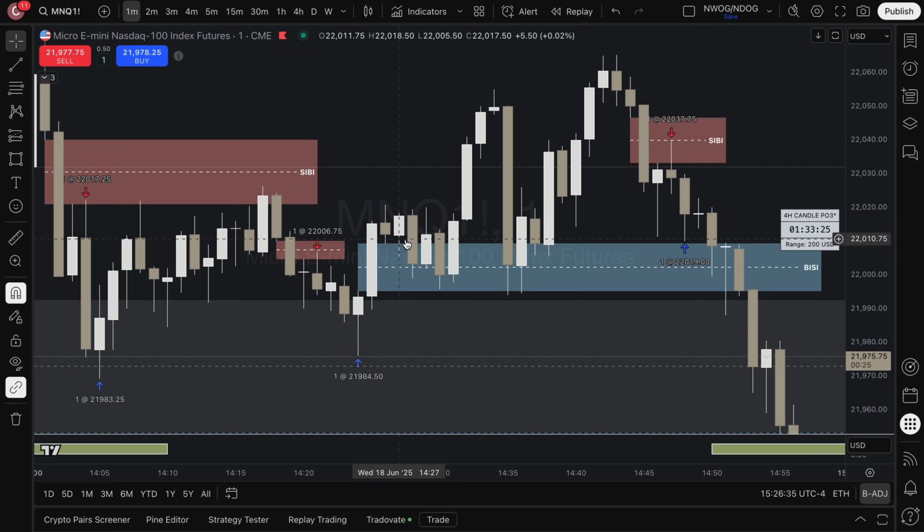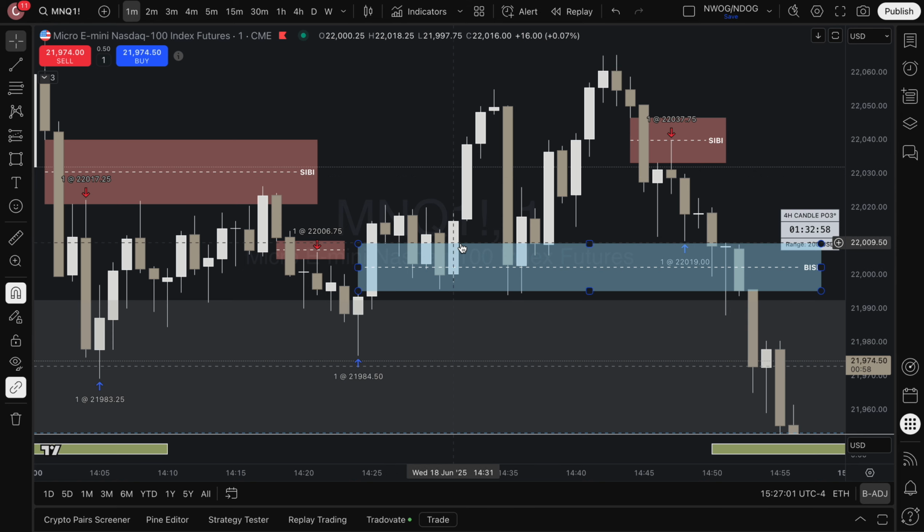So if you entered here, right at the top of this candle, because that's where you want to enter when you're bullish, and you want to enter at the bottom when you're bearish. We came down, you would have had about 7 or 8 points of drawdown.